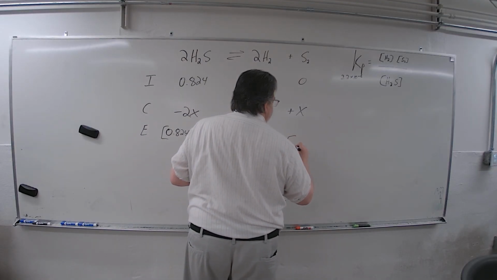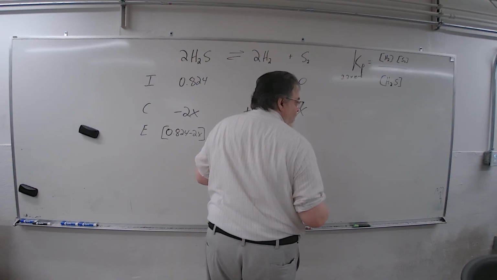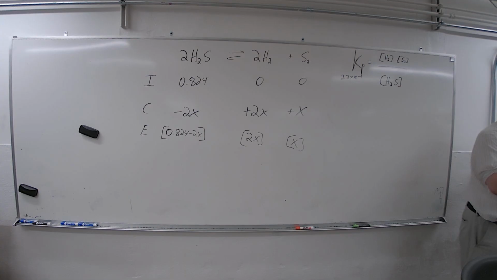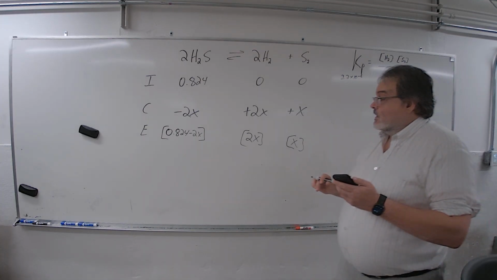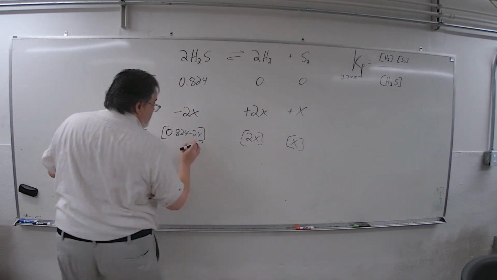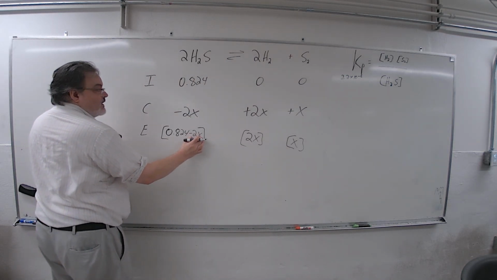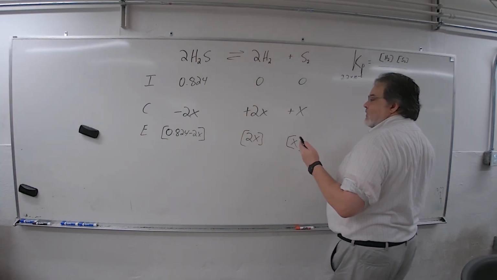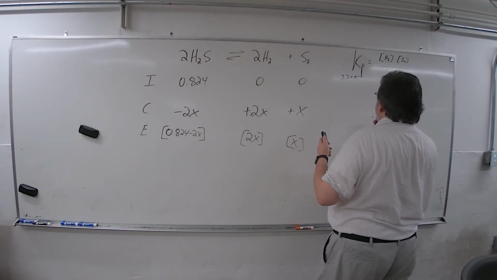And at equilibrium, this one is x. It says, even though it's 2x, assume that the change in pressure of H2S is negligible. So we're going to get to ignore this in our final problem, which just simplifies it a lot. So we don't have to use the quadratic formula, it comes out much simpler.